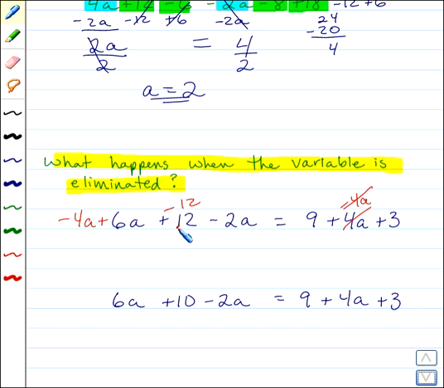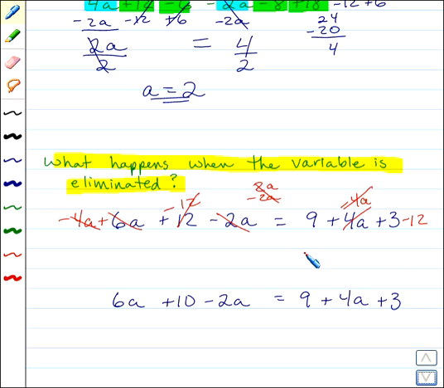So minus 12, and it's gone here, and minus 12. And let's see, we have a negative 4a plus 6a, which is a 2a, and a minus 2a. Oh, what happened? If we have a 2a and a minus 2a, they eliminate each other, don't they? So they're all gone. That's what I mean by what happens when the variable is eliminated.